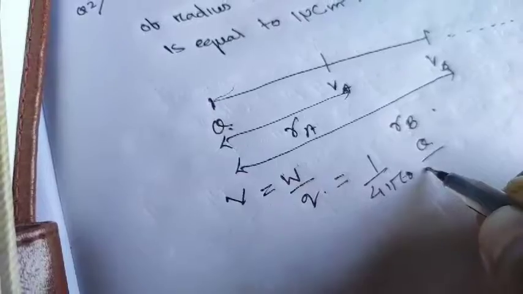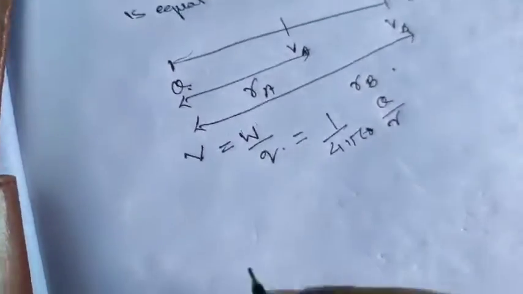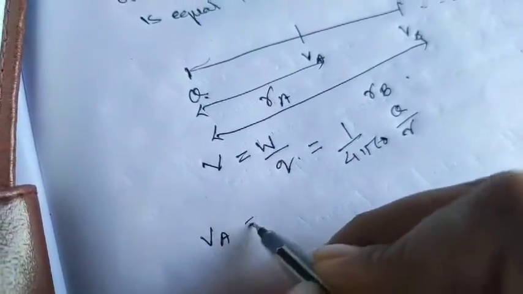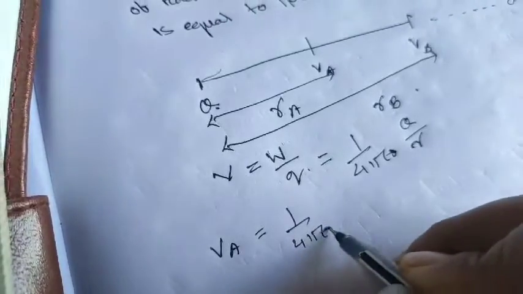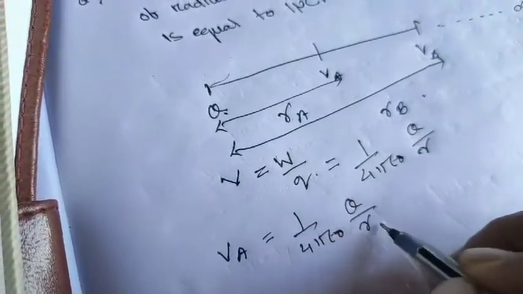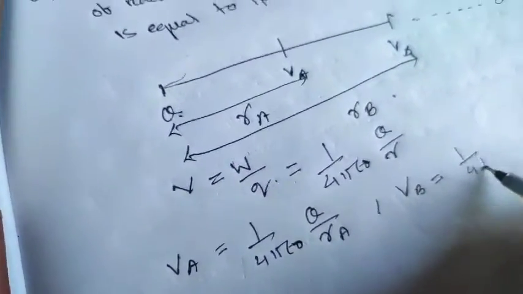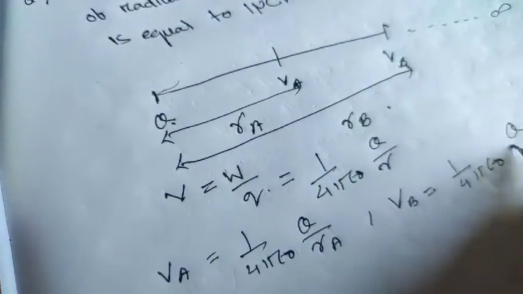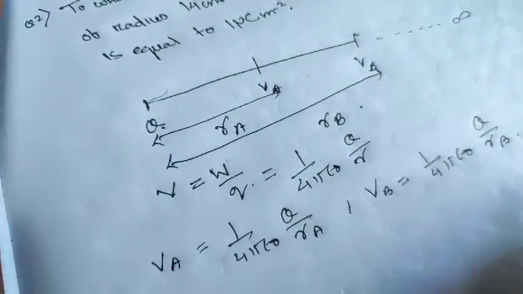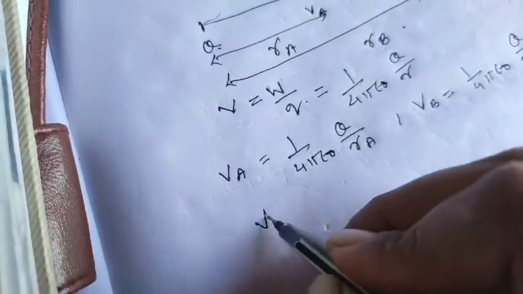Okay? So now you write V_A is how much? V_A is 1 by 4 pi epsilon naught Q by r_A, and V_B is how much? 1 by 4 pi epsilon naught Q by r_B. Clear? So what is the potential difference?